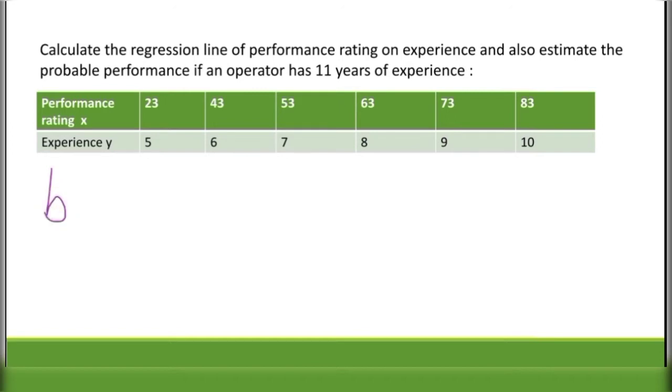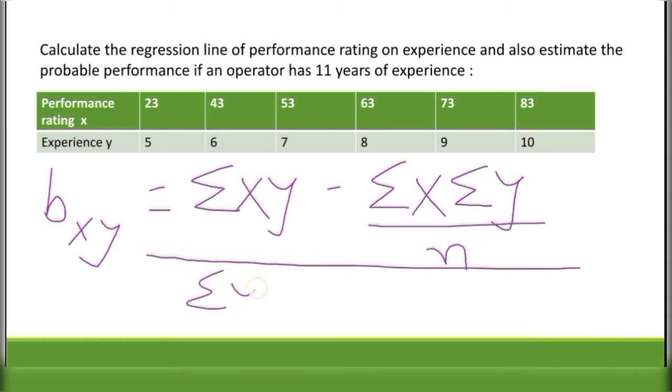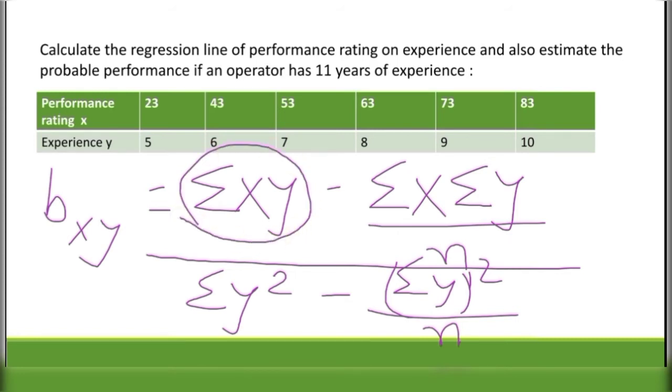So here I am using bxy is equal to sigma xy minus sigma x sigma y upon n, whole divided by sigma y square minus sigma y whole square upon n. For using this formula, I'll need sigma xy, sigma x, sigma y, and sigma y square.